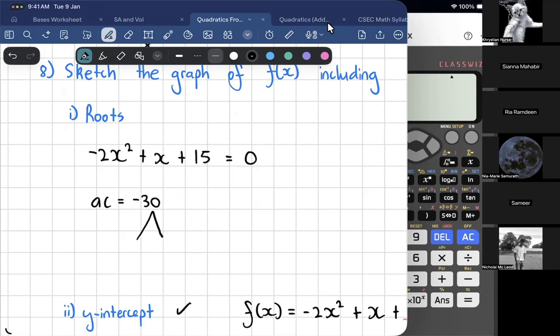So then we're looking for two numbers that multiply to give minus 30, but add to give what? Plus 1. You think of two numbers, Summer. Plus 6 and minus 5.